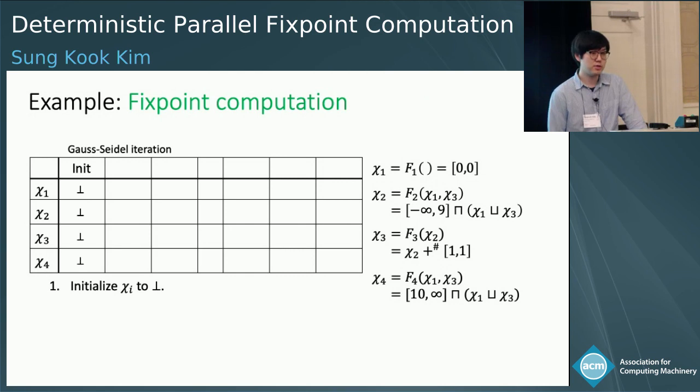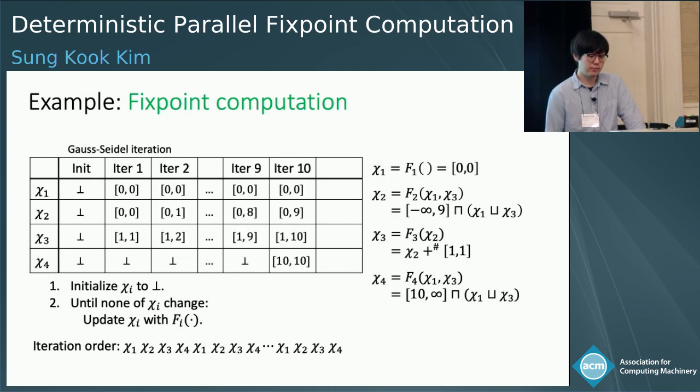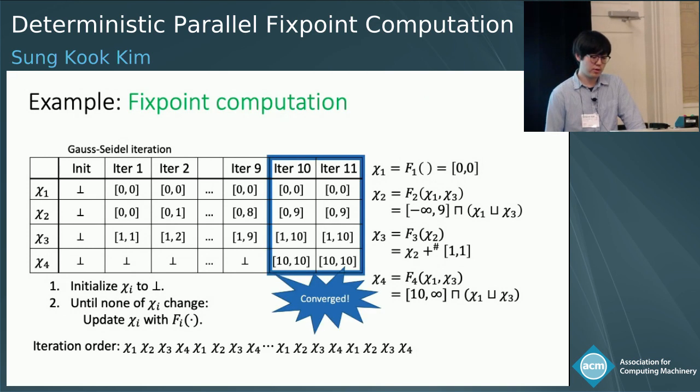First, you initialize the values to bottom, and until there is no change in the values, you update them by applying the corresponding function. For example, the iteration order is shown below. You can update value x1, x2, x3, x4, and if you iterate sufficiently, you see that none of the values change anymore, and you reach a fixed point.